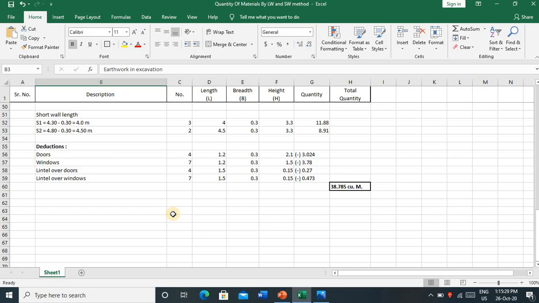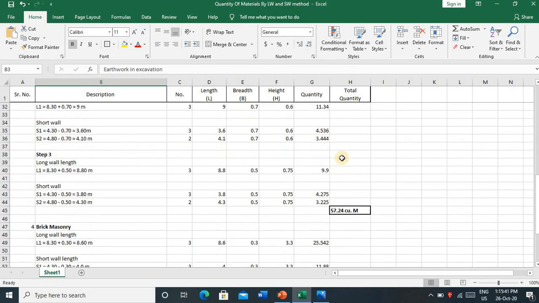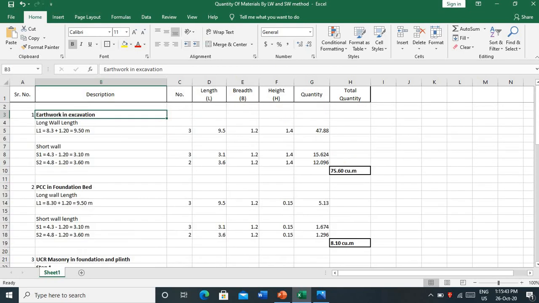It is almost same, so we will cover it in next method. As of now you should calculate these quantities by taking various examples from your Nirali textbook, and if you face any problem you can call me anytime.